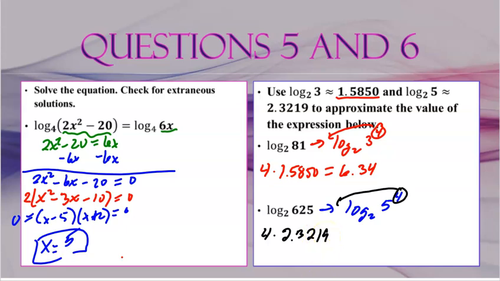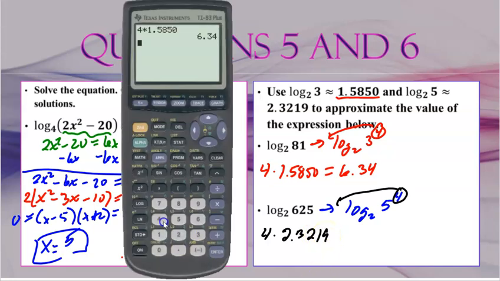So I can grab my calculator again, and we have 4 times 2.3219. That equals 9.2876.